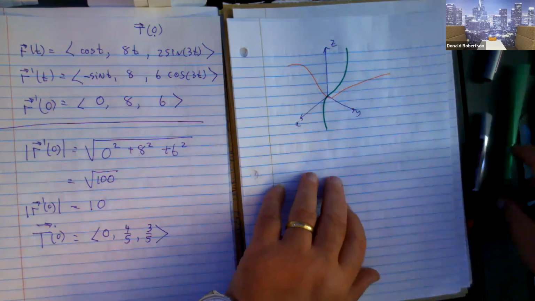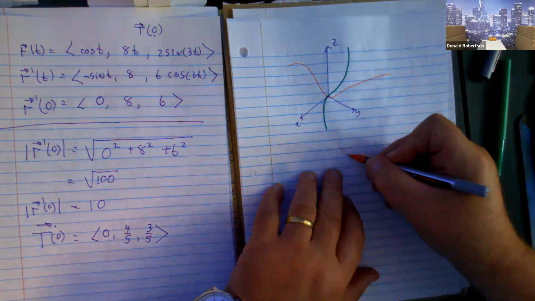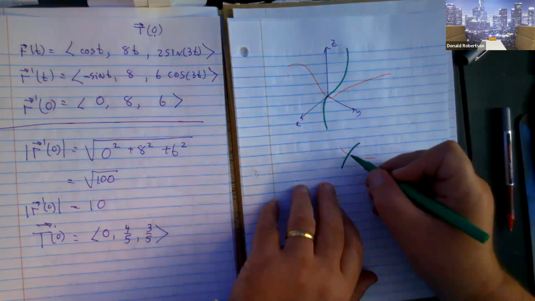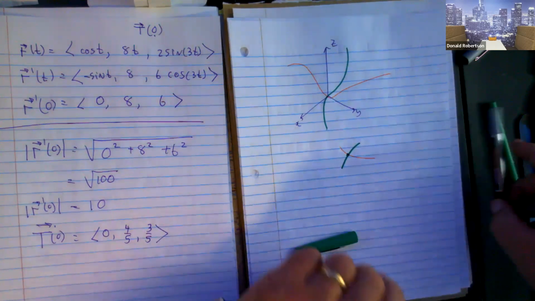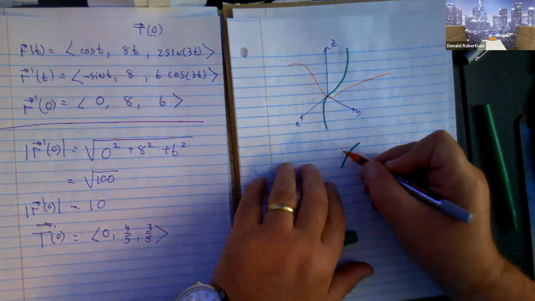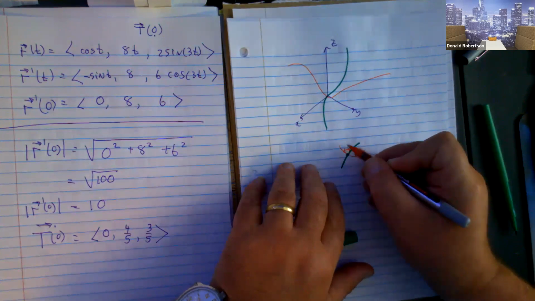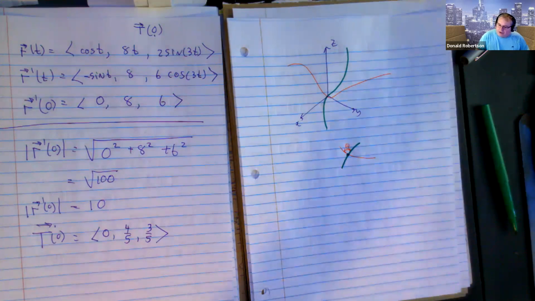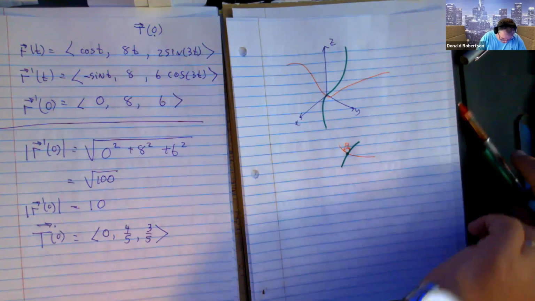So if I did a close-up version of it, one of them might look like this, and the other one might look like that, and there's the origin. The angle at which they intersect is theta, and we're trying to find that angle. Now, I know these are curves, but if you zoom in and zoom in and zoom in, don't they eventually become quite straight looking? And if you could zoom in infinitely, they would be essentially straight.